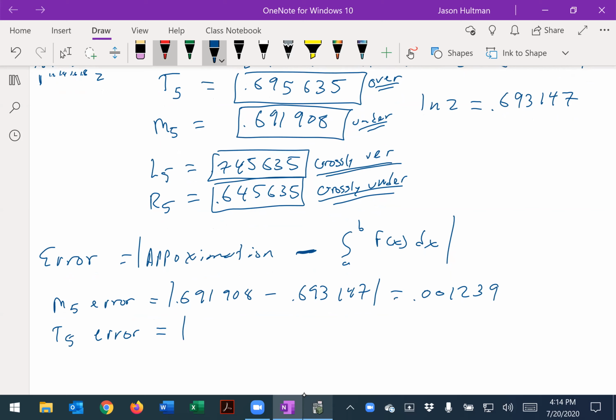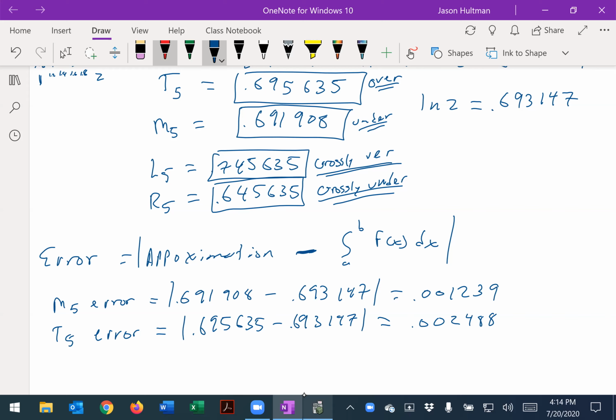That's going to be 0.695635 minus 0.693147, absolute value, and that equals 0.002488, about twice the error.